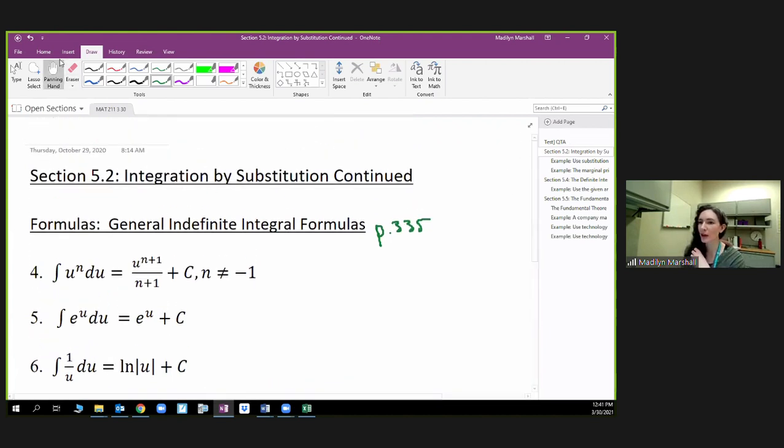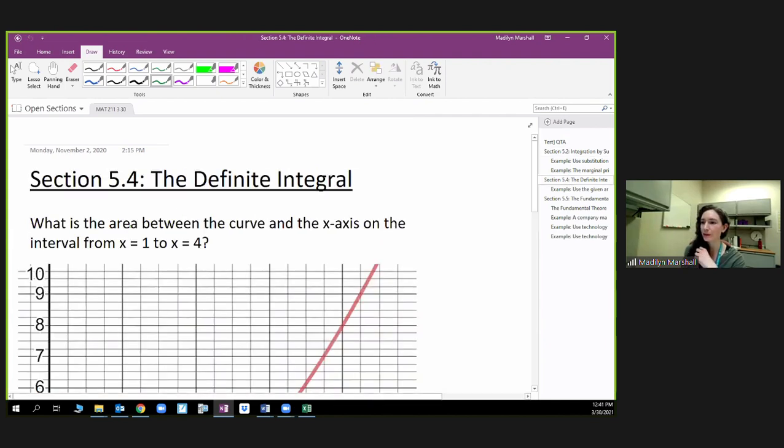If you'll remember, what we've been doing have been indefinite integrals, which means our answer is always some function plus c. But there's also something called a definite integral. Oh, by the way, we're skipping section 5.3.